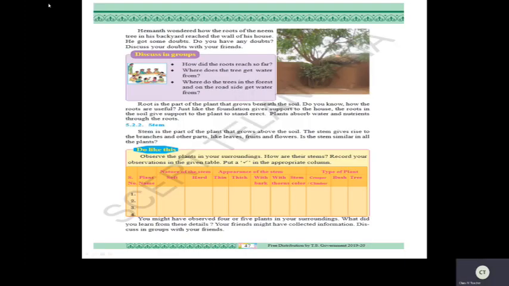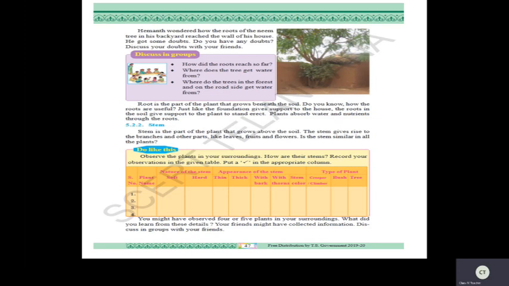Now see here, Hemant wondered how the roots of the neem tree in his backyard reached the wall of his house. See here, in his backyard he has a neem plant. But slowly what happened, these roots just reached the walls of his house. How is it possible? Because roots in search of water slowly grow and enter inside the soil.